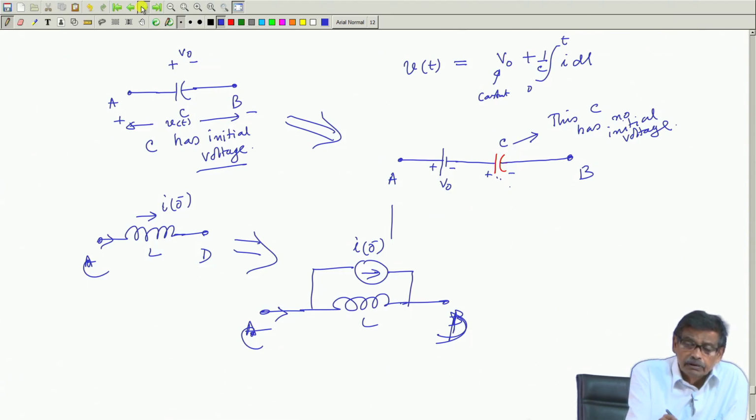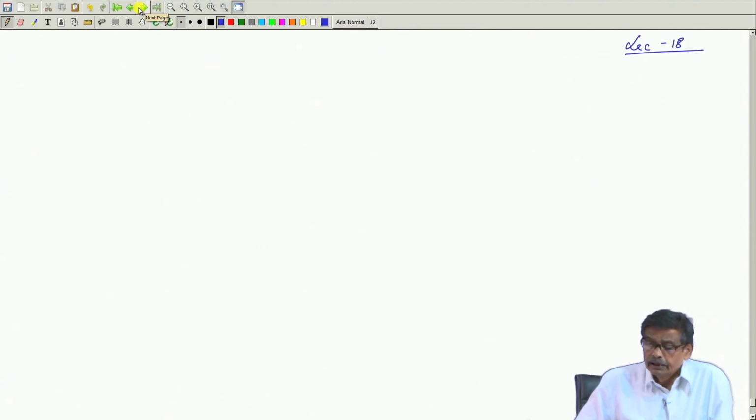Now, today, while solving these circuit problems, say RL circuit, RC circuit, discharging or charging circuit of both RL and RC type, essentially what we are doing is writing down the differential equation and trying to solve it.